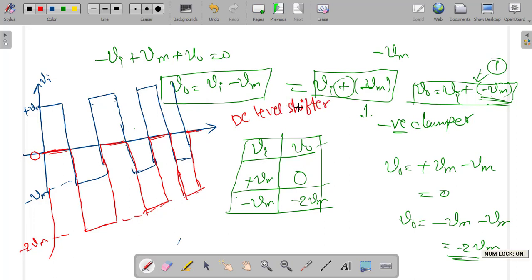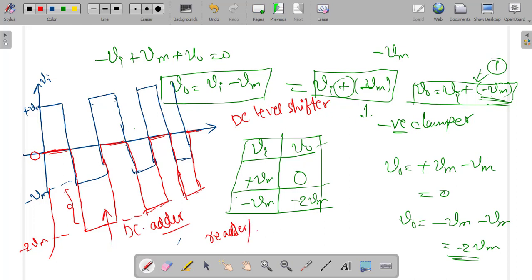It is adding a DC of minus Vm. So this minus Vm is the extra part which you got. This is addition or reinsertion, adding DC to the output waveform. Hence it is also called DC readder or DC reinserter.